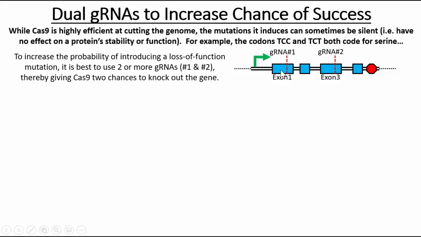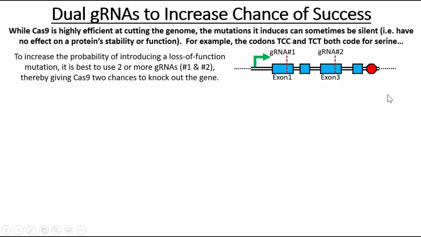So, for example, if I only use one guide RNA, I might very well get Cas9 to cut that gene, and that cut might lead to a mutation, but I would like to point out that some codons, if you just swap out a specific base, so let's say this codon right here, TCC, if I mutate that to TCT, both of those codons encode for serine.